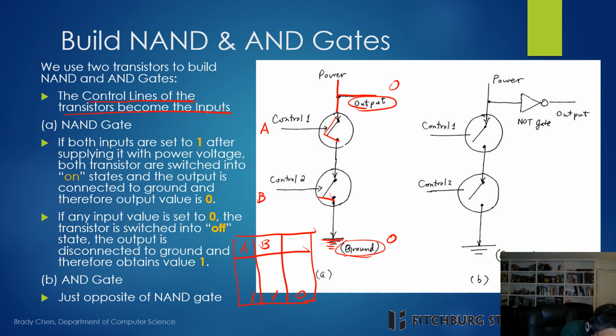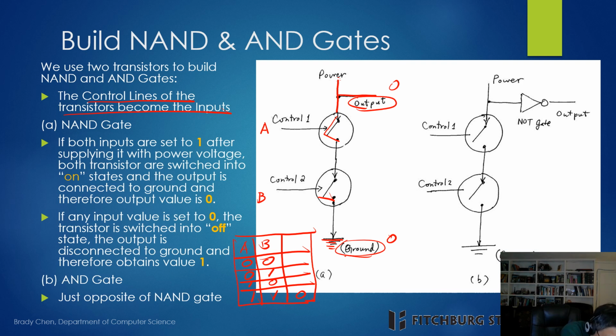Now, in any other case, either both the control lines are set to 0, or one is 0 and the other one is 1. In either case, at least one of the transistors is switched off. So the power source will not be connected to the ground.